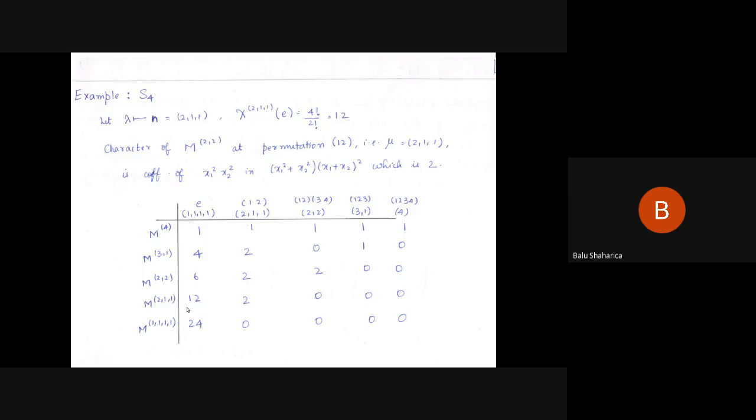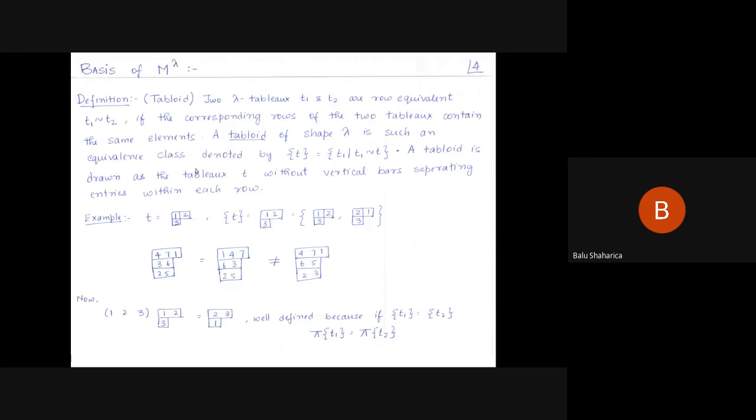So I define a tabloid as follows. If I take two lambda tableaux, T1 and T2, they are row equivalent if each of their rows contains the same elements, and they all form a class, and a tabloid represents one such class. So for a given lambda, I'll have a set of tabloids.